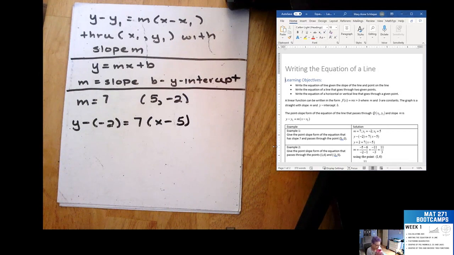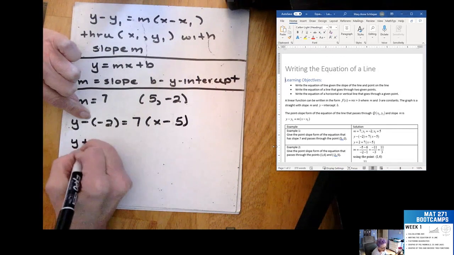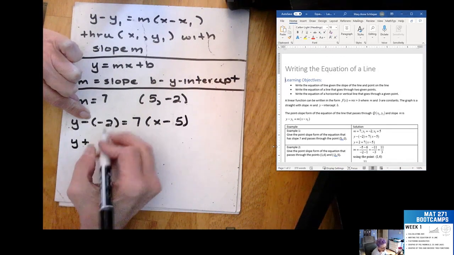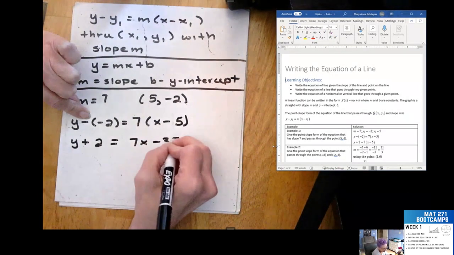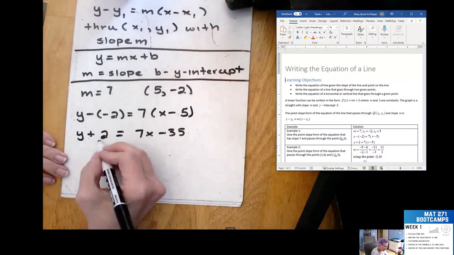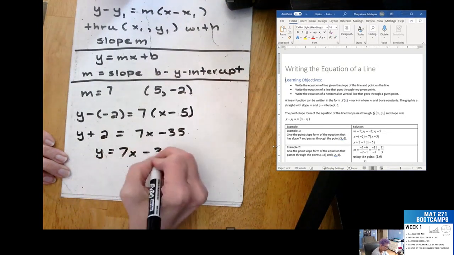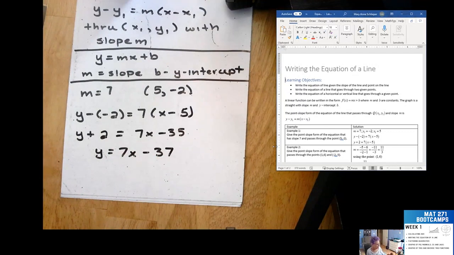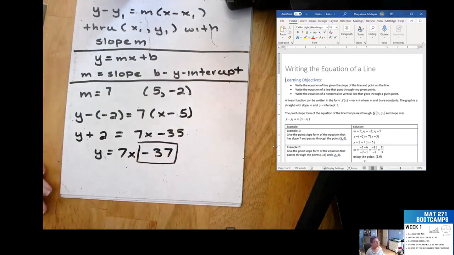You could stop right there. Otherwise, you would start to simplify. Minus a negative number is the same as plus. Distribute the 7 through the parentheses, and then just subtract 2 from each side. The slope is the slope, no matter which form you're in. M stays the same. This particular line crosses the y-axis at negative 37.